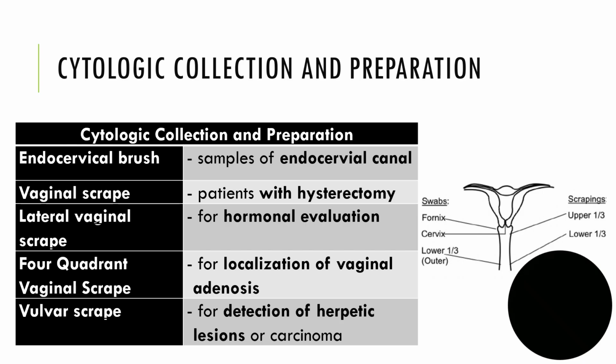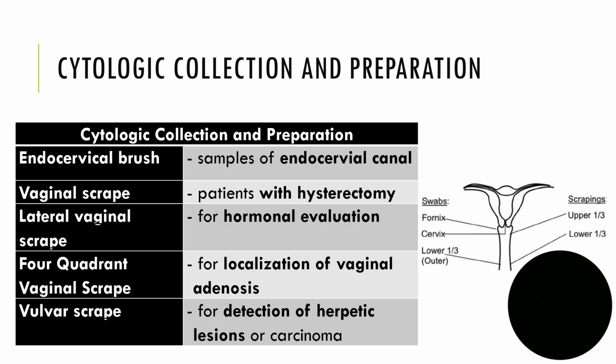The lateral vaginal scrape is performed specifically for hormonal evaluation. The upper lateral third of the vaginal wall is sampled because it has the least contamination from cervical secretions and is the most hormonally responsive. Next, the four-quadrant vaginal scrape is performed for the localization of vaginal adenosis, a condition where glandular cells appear in the vaginal wall where they do not normally belong.